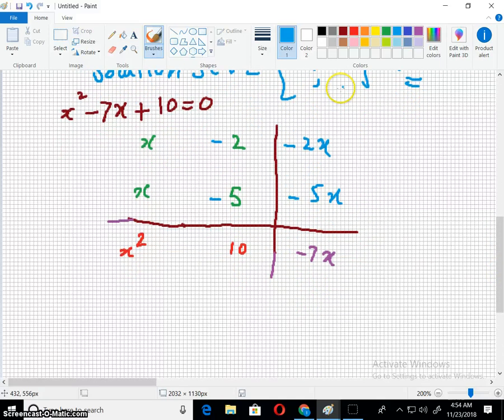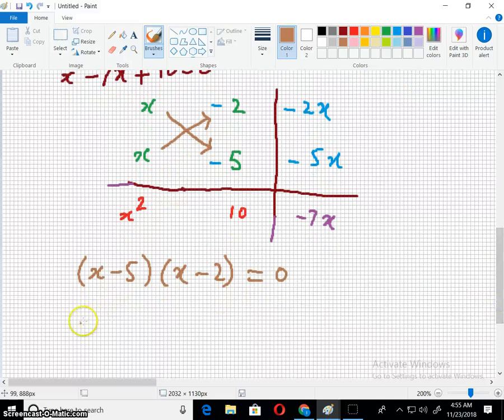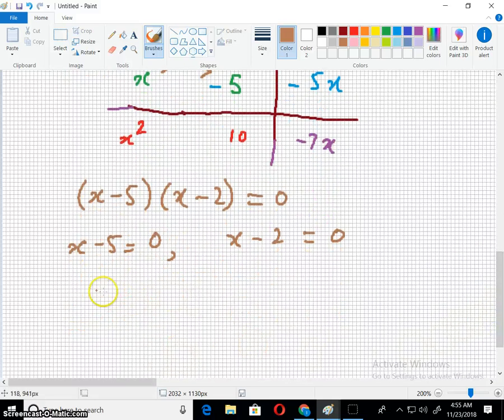So the numbers in the diagonal are actually my answers. For example, the factors of this equation are x minus 5 bracket x minus 2 equal to 0. So straightforward factors that you have. Then you can just solve those factors for x. So the value of x is x equals 5 and x equals 2. So this is the answer to the problem.